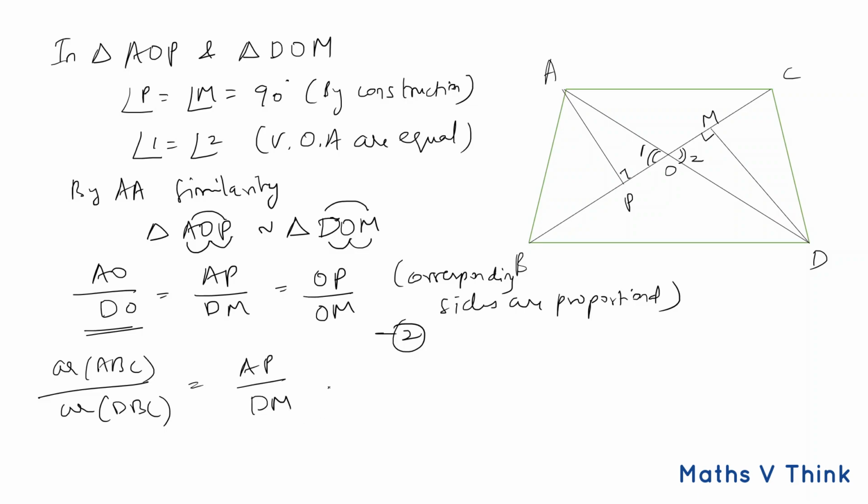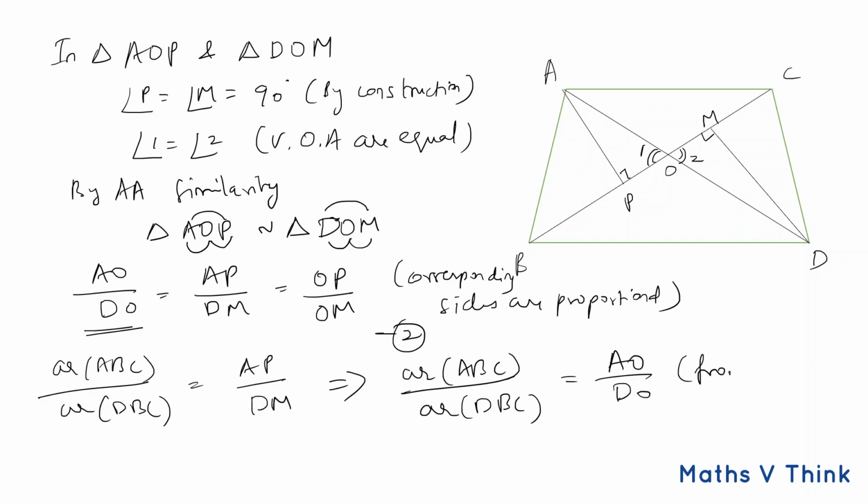So by substituting, I get area of ABC divided by area of DBC is equal to AO by DO, from 2. So we proved it. Hence proved.